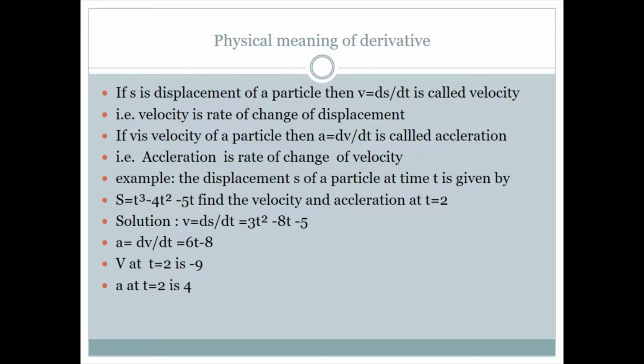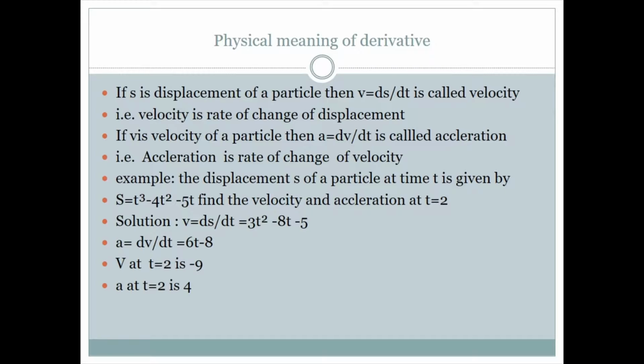Now we will see the examples that depend on this velocity and acceleration. The displacement of a particle at time t is given by s is equal to t cube minus 4t square minus 5t. Find the velocity and acceleration at t is equal to 2. Now solution.